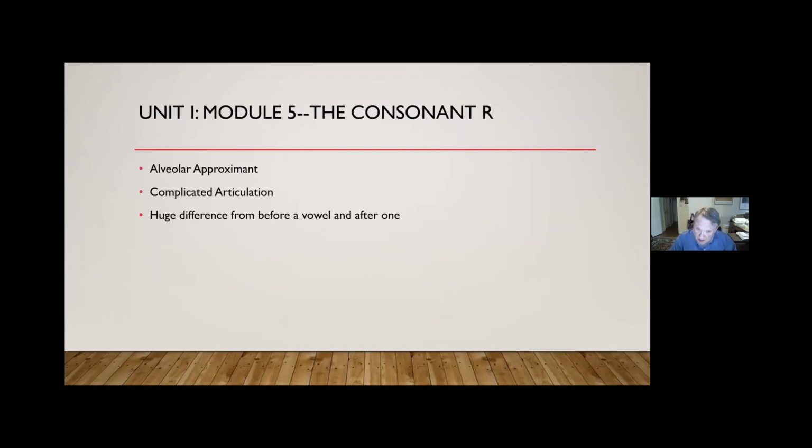But English does not use either one of these as a phoneme, as a major sound. Now, English does have the tap, but it's an allophone of T and D. We'll get to that later on. So because it's so different from what happens in most other languages, that's the first level of confusion. How is it articulated?